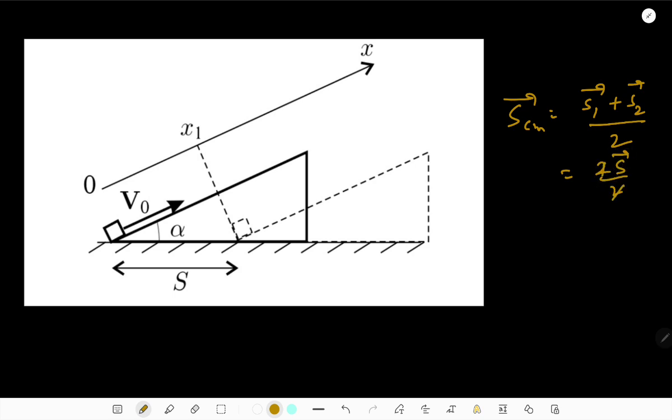So S is the displacement of both the block and the wedge. I'm going to make a statement here: by the time t of the cube's return to its starting point on the wedge, the displacement S of the center of mass will be equal to the displacement of the wedge and the cube. And this is my statement.